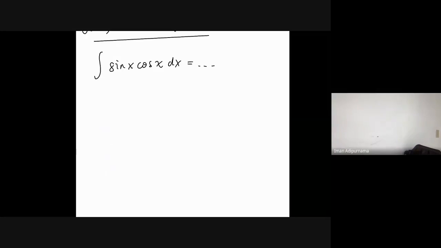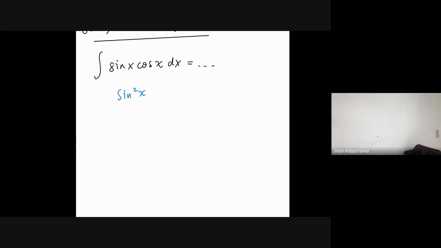I think you can also find it by guessing. Can you guess any function whose derivative will be sine x cos x? We have two possible functions whose derivative will be sine x cos x.